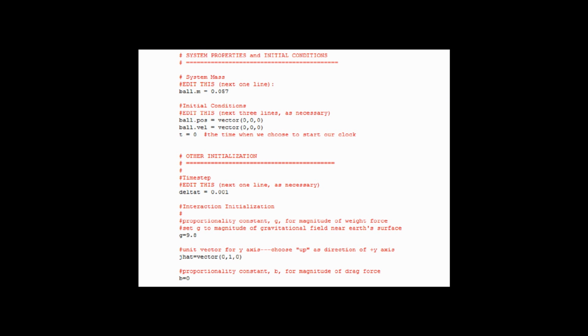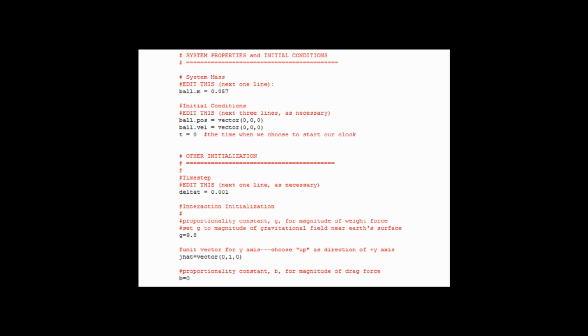First, I made a model in VPython based on Newton's second law, only considering the force of gravity, or weight force. The mass of the ball is 0.057 kilograms, and both the initial position and initial velocity are 0. I picked delta t really small compared to the total time of the observation, which was 0.4 seconds.